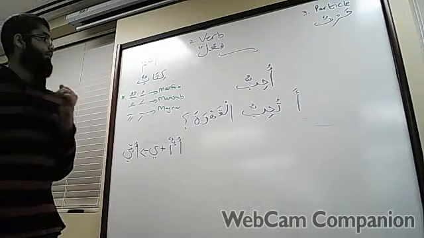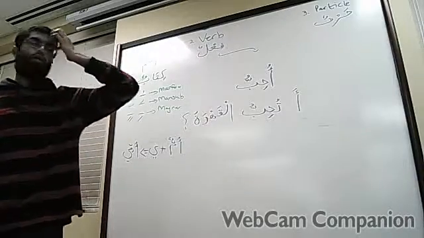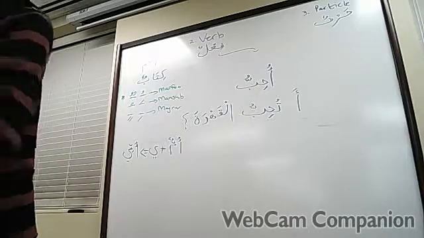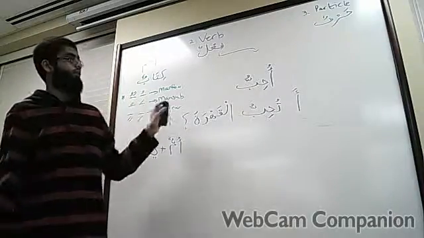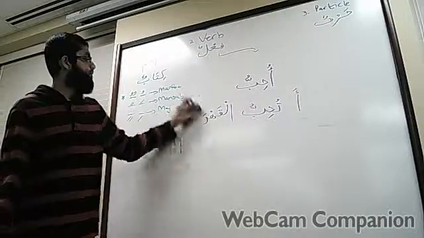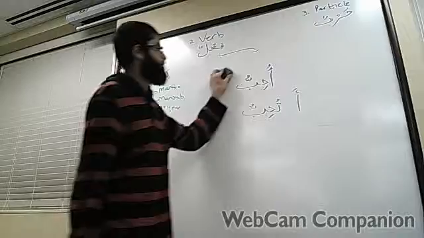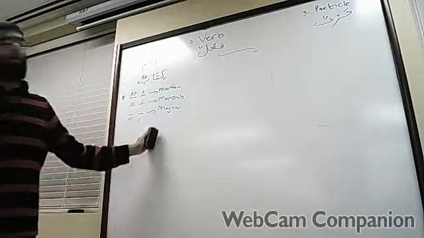Alright, the other thing, so that was basically what we learned for verbs, okay? So this is just one type of verb that we learned. It's not really going to come up again that much in book 1, but it's good to know, okay? Tuhibbu and uhibbu. Okay, let's go back to nouns.